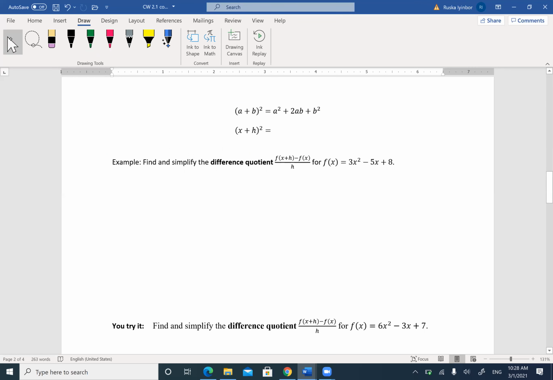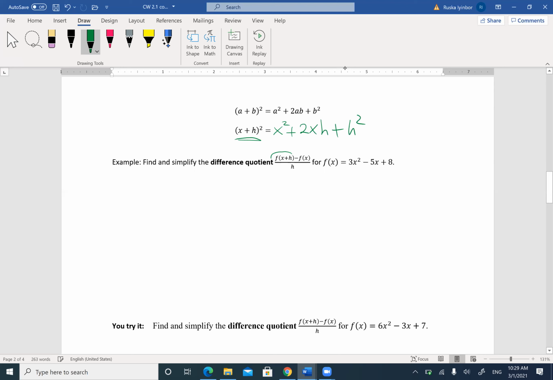Let's do this again. Here you have a quadratic function, with x squared. So when you have a square, when you plug in x plus h for the first step, you're going to get x plus h squared, which is multiplying x plus h by itself. Following the formula, a plus b squared is going to give you x squared plus 2xh plus h squared.